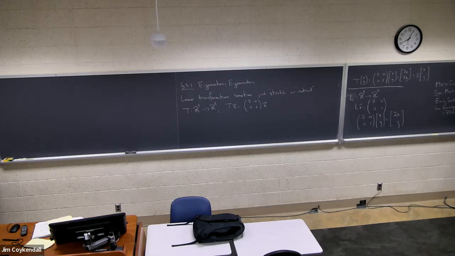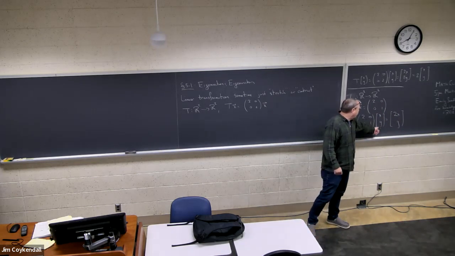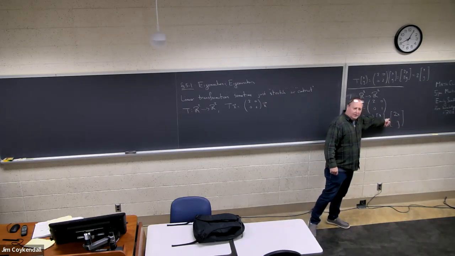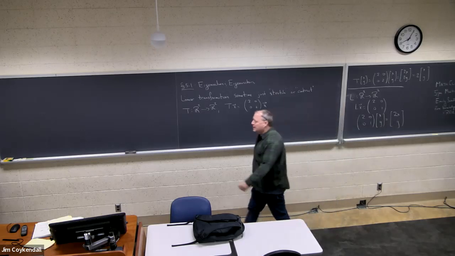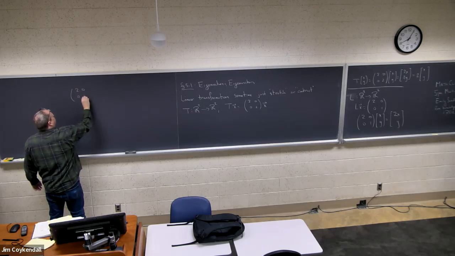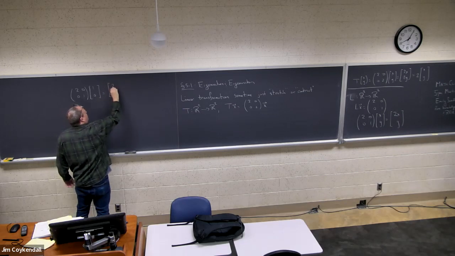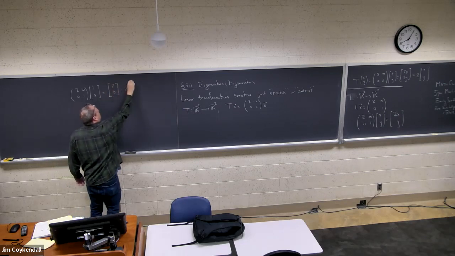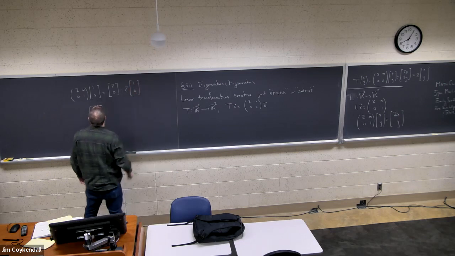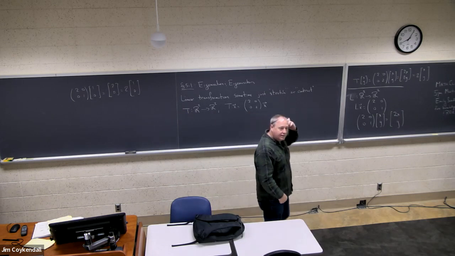And this isn't actually multiplying the vector by a single number, except in some special cases. But let me point out that this particular vector is doubled, everybody agree?